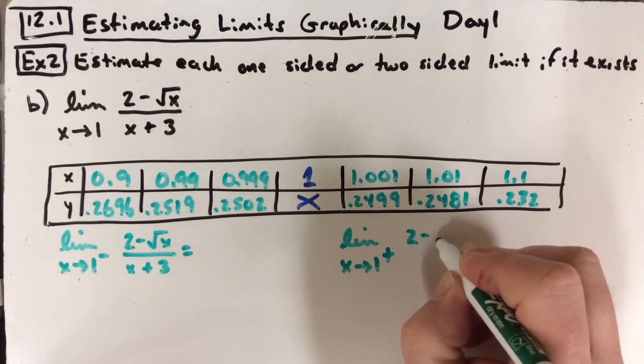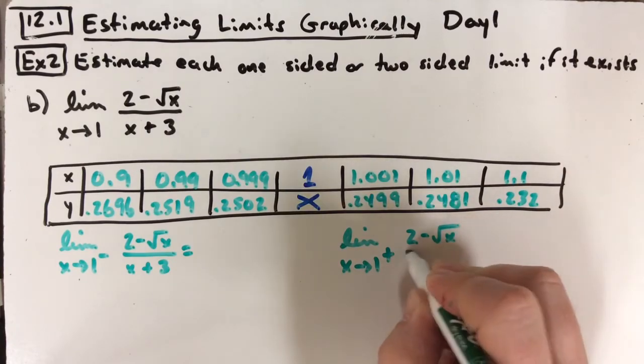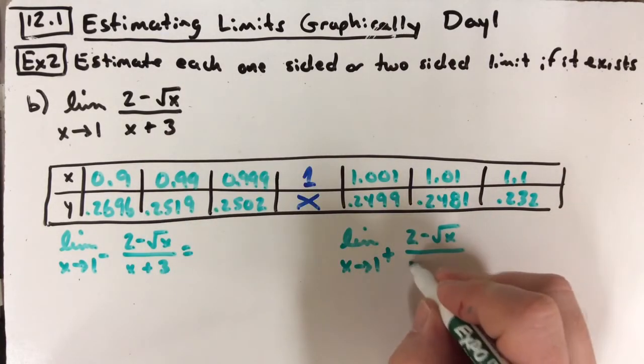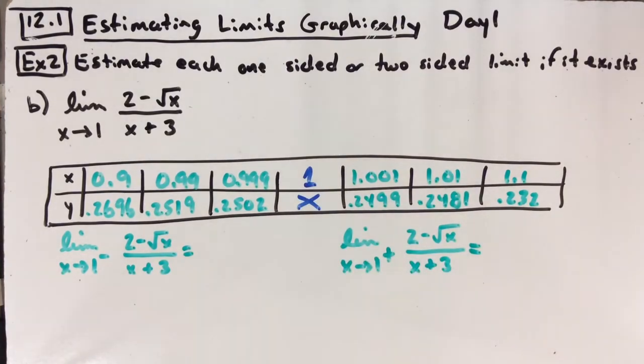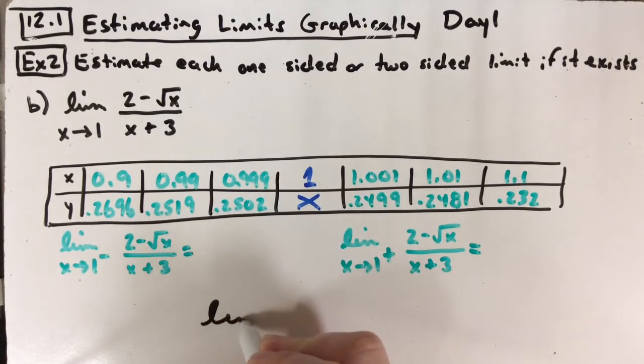And again, in this spot, you can either have f of x equals, or if you want, you can copy down the original. I'll have a blank here and here after the equal sign for you to fill those in. And then you'd want to compare these two and come up with an answer for the overall limit.